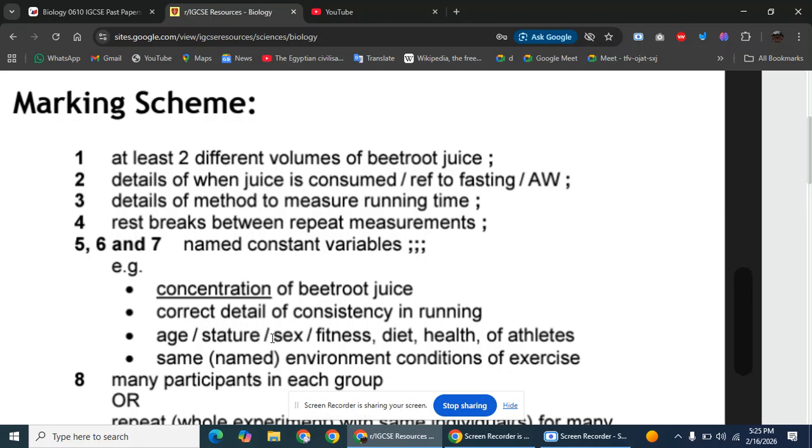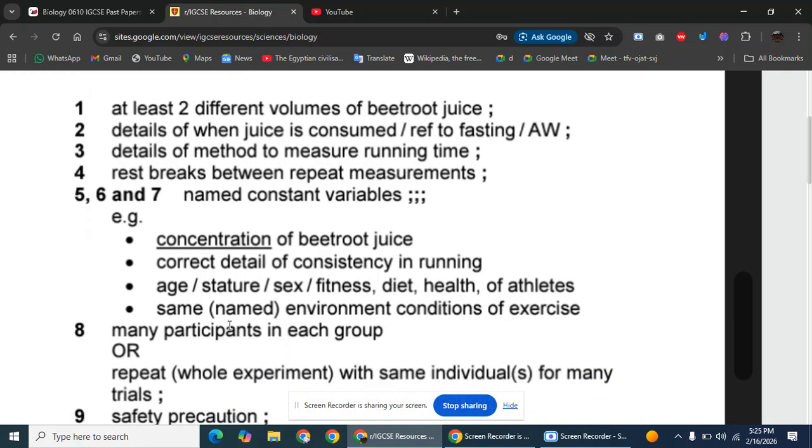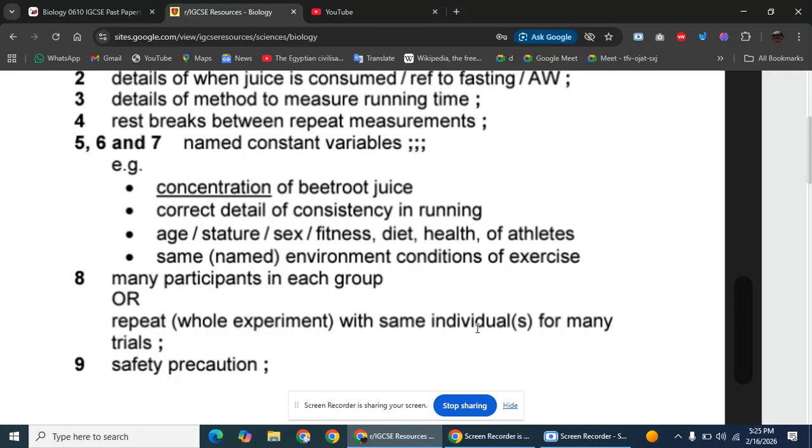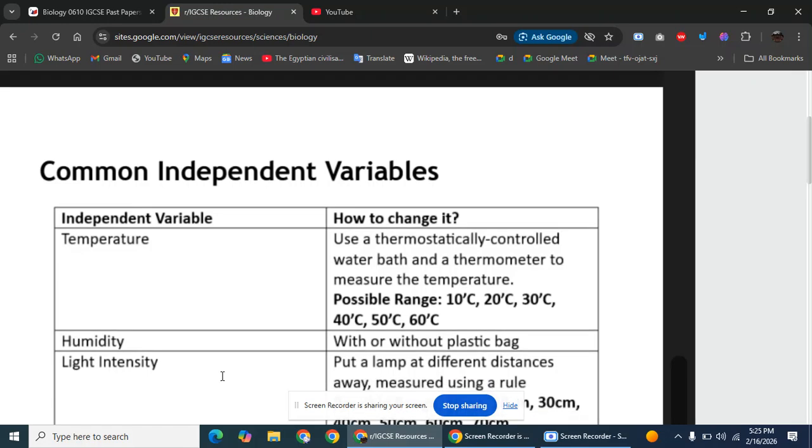Age, stature, sex, fitness, diet, health of athletes. Same environmental conditions of exercise. Many participants in the group, repeat with same individuals for many trials. Safety precaution can be mentioned.